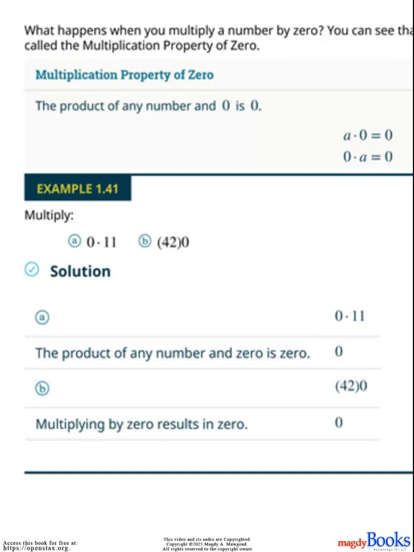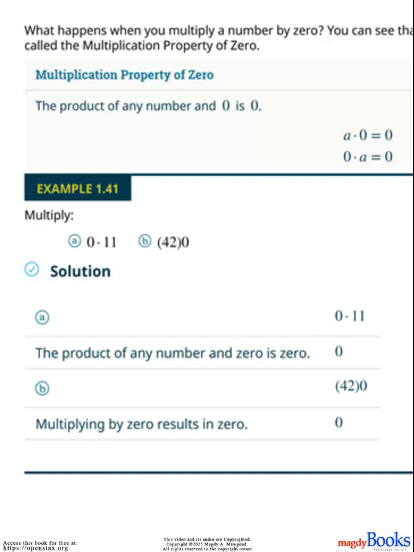Example 1.41. Multiply: A, 0 dot 11. B, open parenthesis 42 closed parenthesis 0. Solution. A, 0 dot 11. The product of any number and 0 is 0. 0. B, open parenthesis 42 closed parenthesis 0.